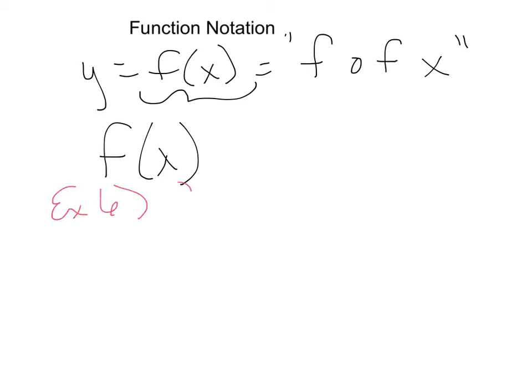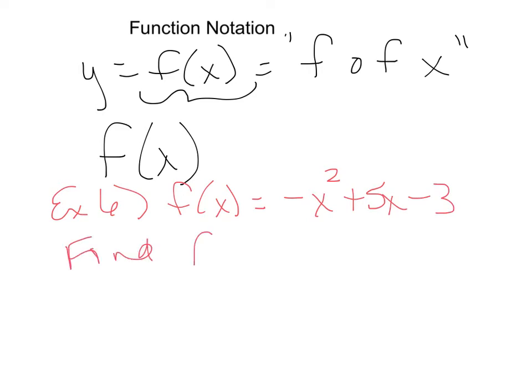So if I have f of x is equal to negative x squared plus 5x minus 3, and I want to find f of 2, what we're actually looking for here is the fact that the 2 replaces the x.